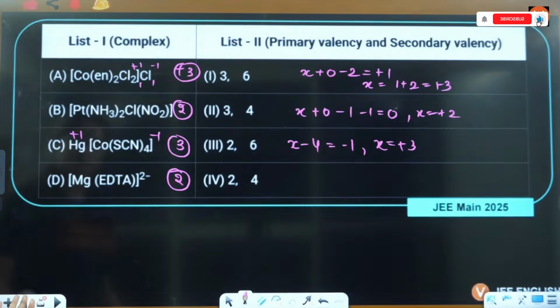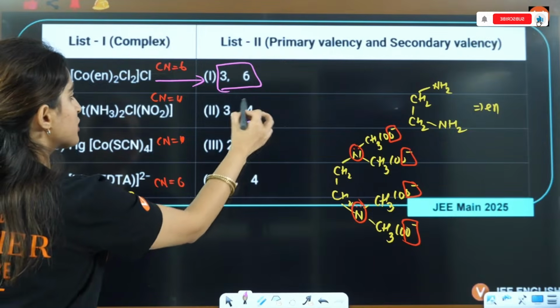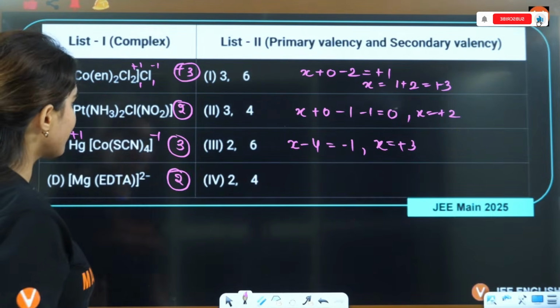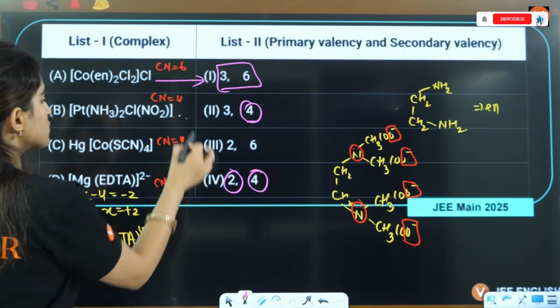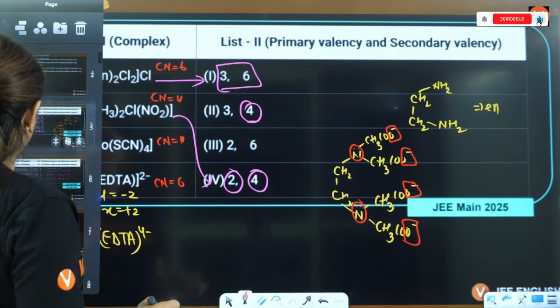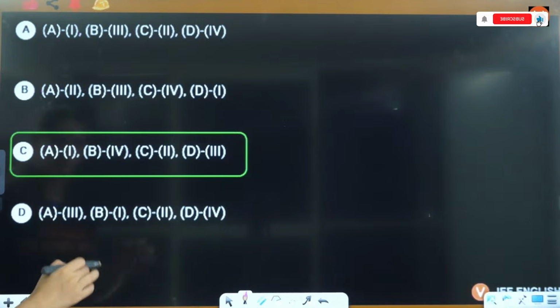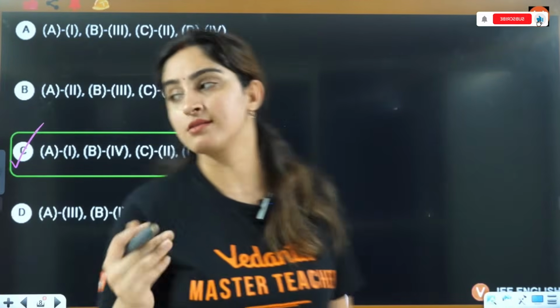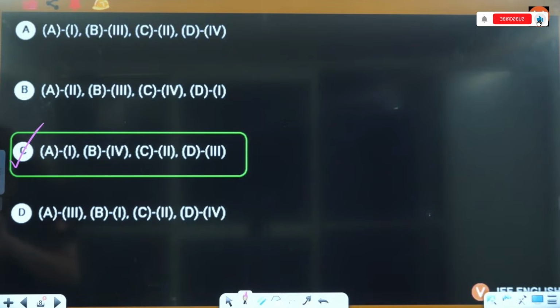Now you just have to see for B. B is coordination number 4 and oxidation state is 2, that means B is 4. So B4 we have here. So the answer is going to be C is the correct answer here. Okay, right everybody? That's how we are going to answer this.